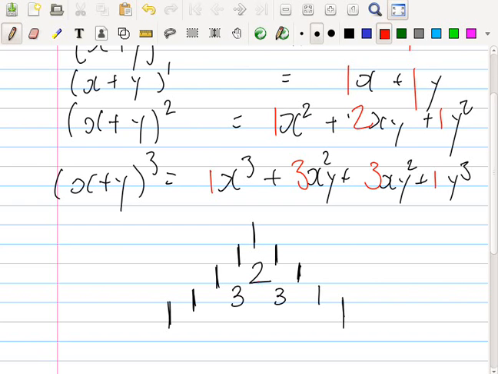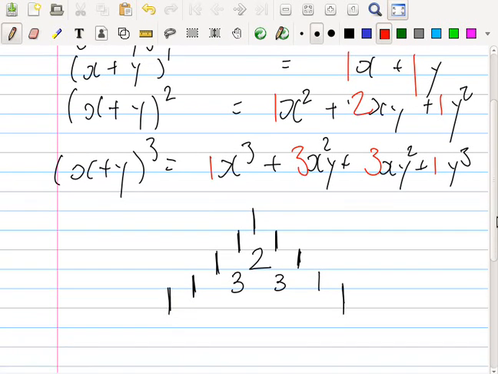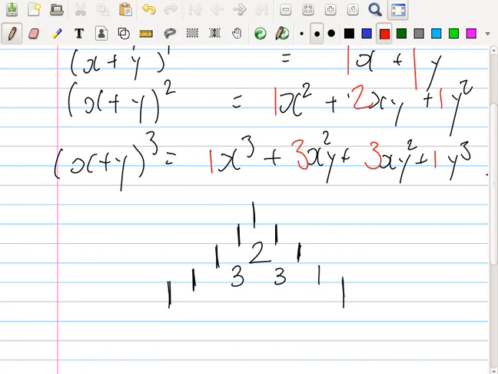Okay? So, think about it like this. You all do biology, right? Yes? So, mother and father together make child. Mother, father, child.